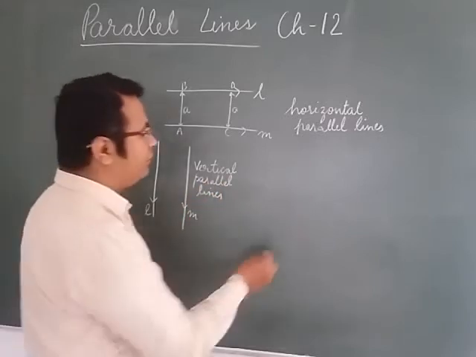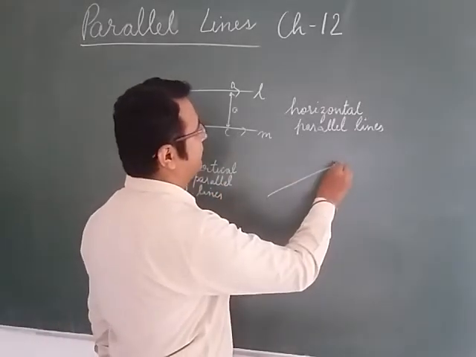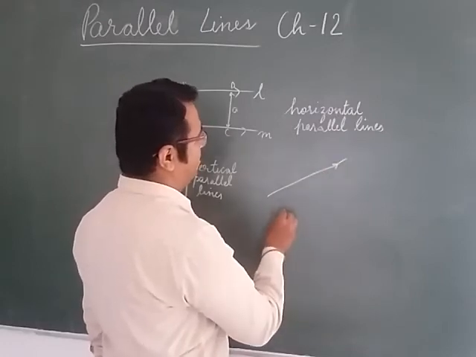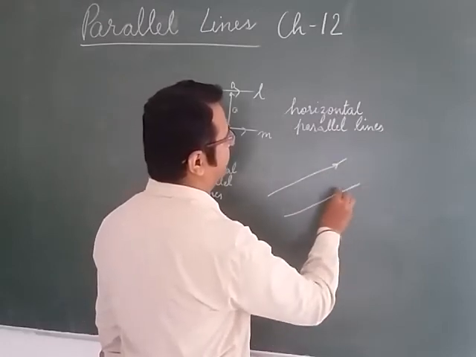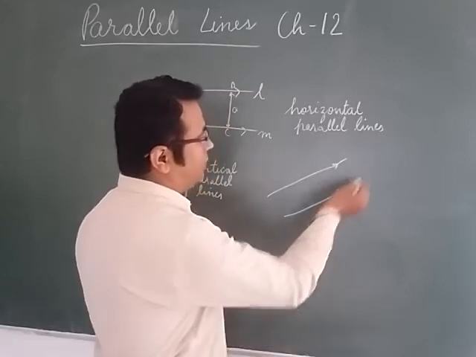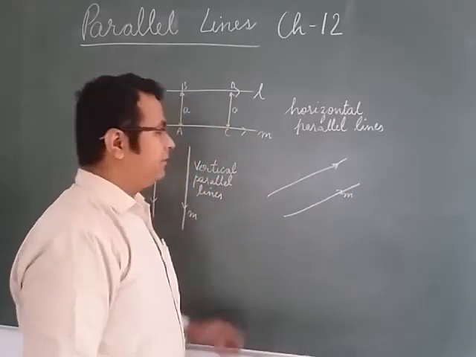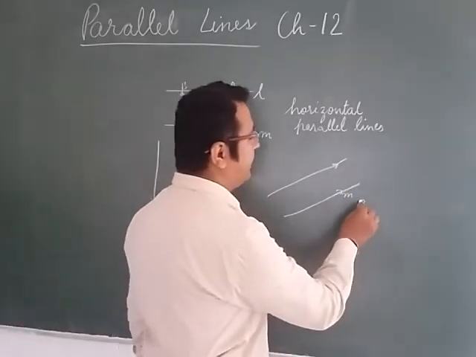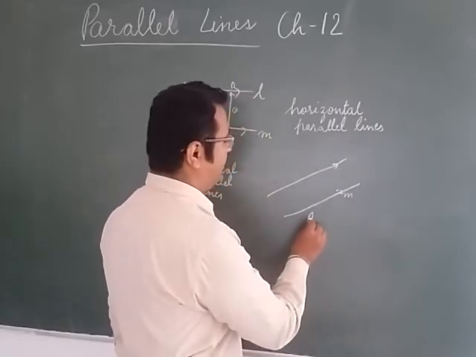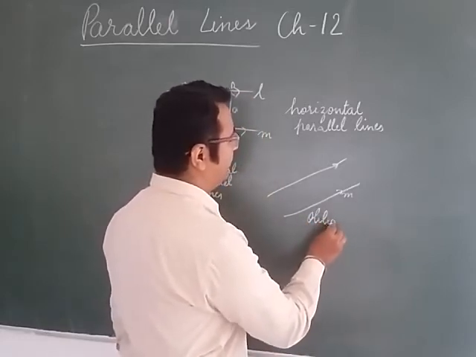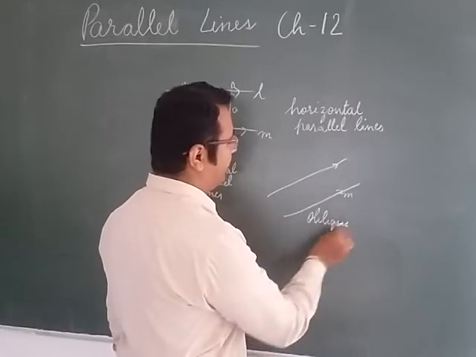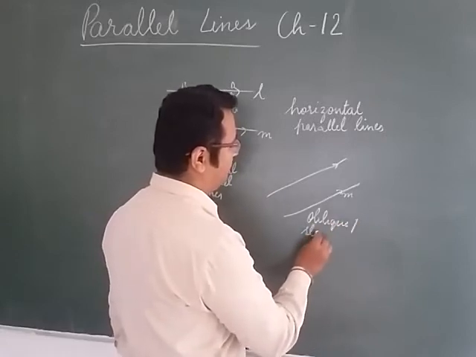Similarly, if I draw two parallel lines like this, let's say this is line L and this is line M. So these lines are also parallel lines and name is oblique or slanting parallel lines.